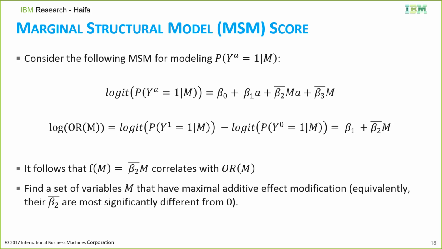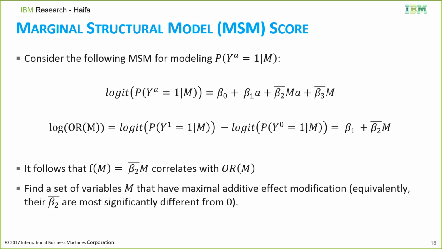So this is basically the log of the odds ratios for the subset of these modifiers that we are looking for. And if you just take this term, you get a function that correlates with the odds ratio.